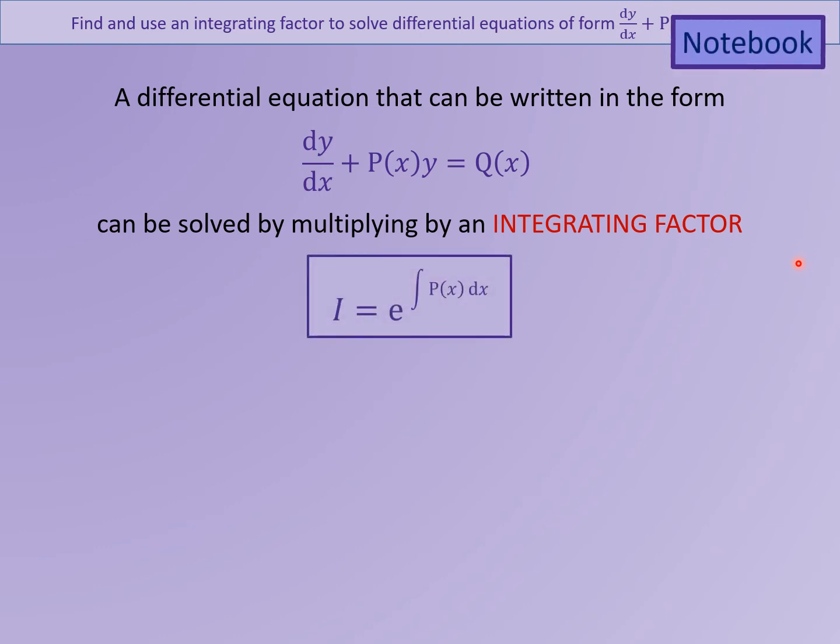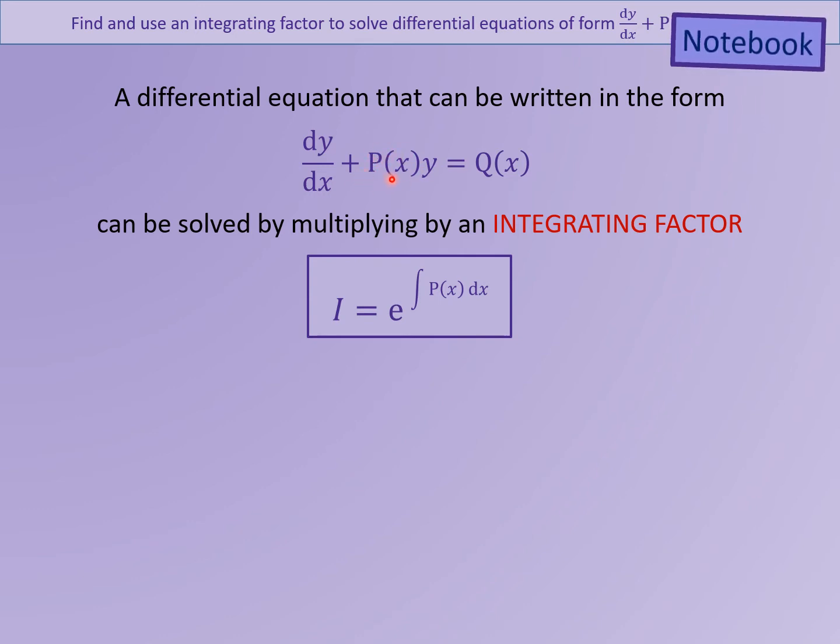Now, an integrating factor that you can work out looks like this. The integrating factor is always an exponential, and you integrate the function in front of the y as the power. So you need to take that function, whatever it was. Remember last time it was e to the x squared.